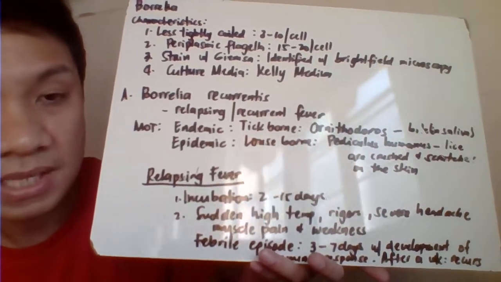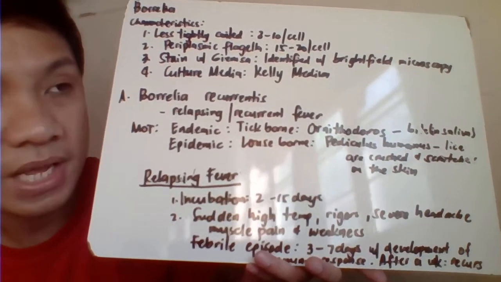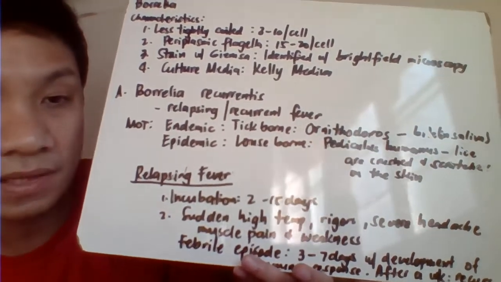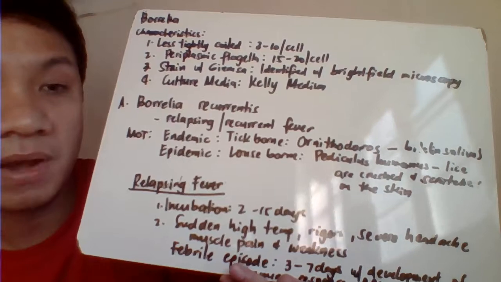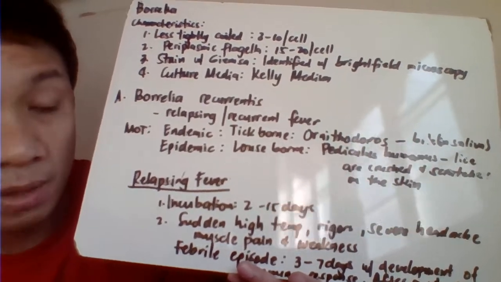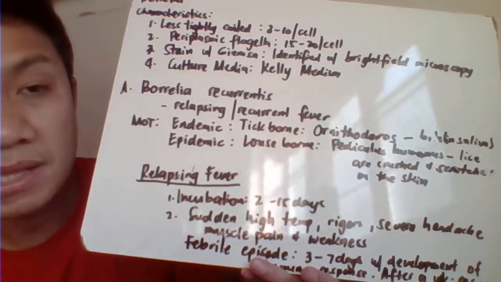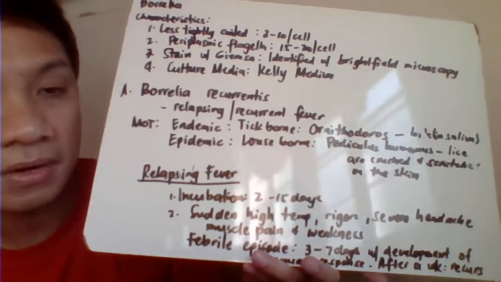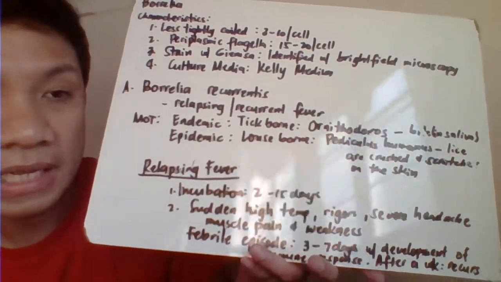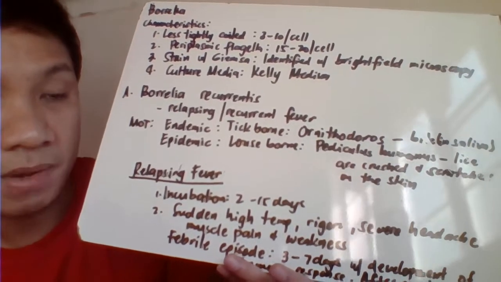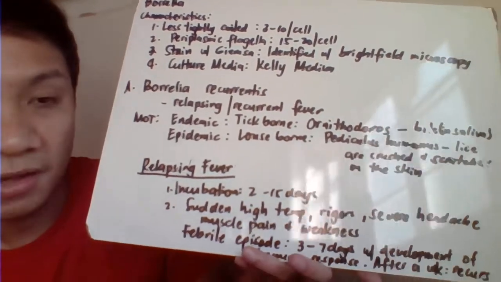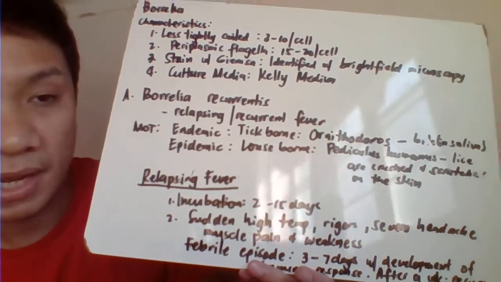You collect your blood sample while the patient is in the febrile stage, and you can stain the blood smear, which will help you identify this bacteria. Because this one stains readily with Giemsa or Gram stain, it can be identified by your bright field microscopy.